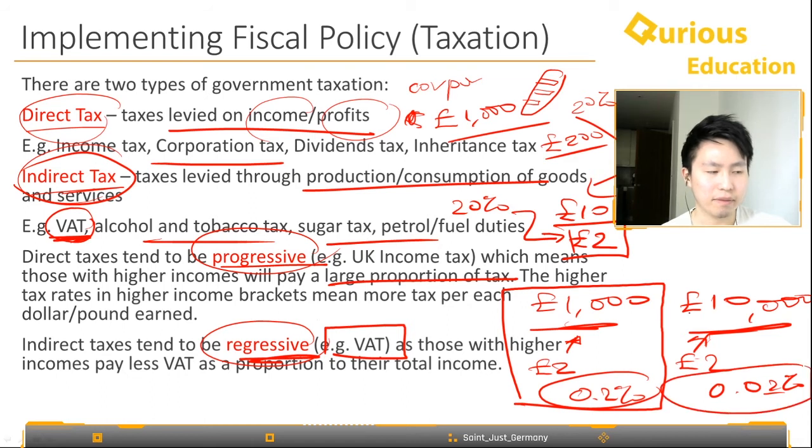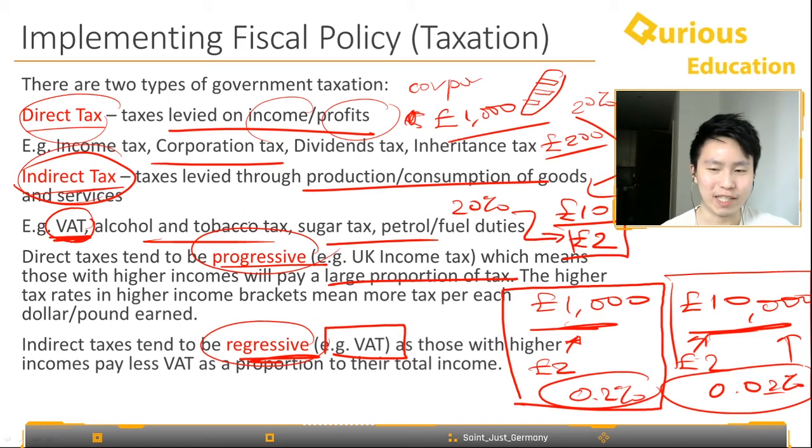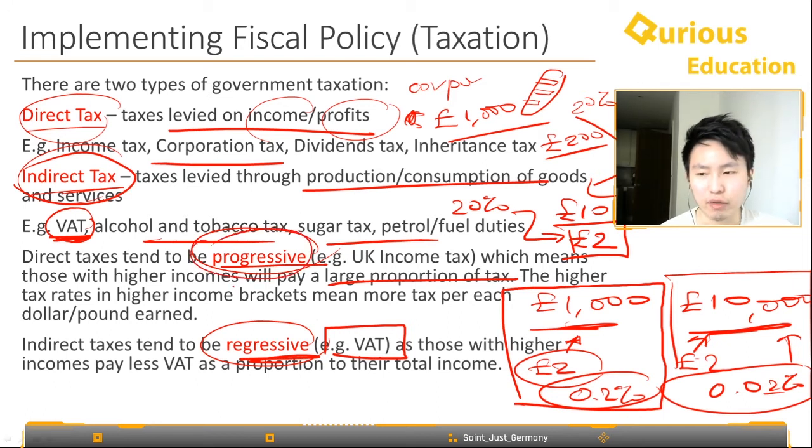So we would call VAT a regressive tax, because it's taxing the poor family a high percentage of their income, but it's taxing the richer family a lower percentage of their income. So in general, a regressive tax would make society less equal, or it would increase the wealth gap, because the £2 actually matters more to the poor than the rich.